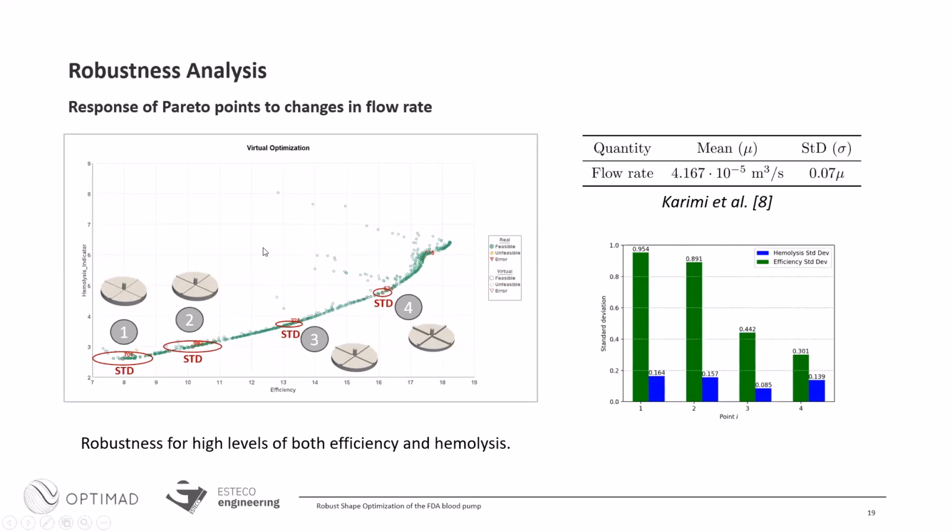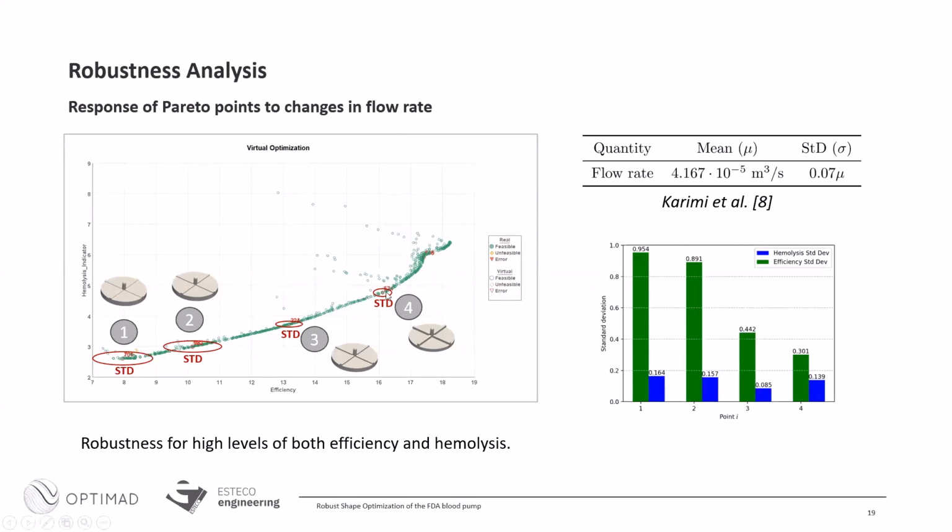In these plots, you can see that this analysis was carried out for 4 configurations, and you can see the deviation in terms of both efficiency and hemolysis. We can observe that a larger robustness is obtained for high levels of both efficiency and hemolysis.